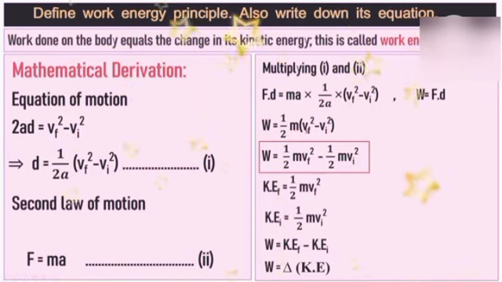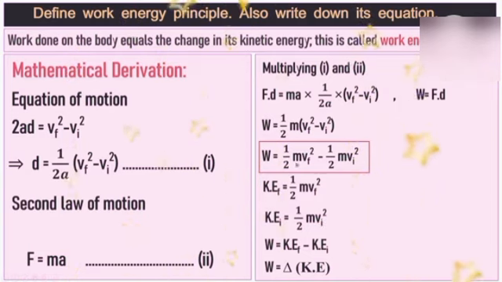Now we multiply m inside the bracket, so we get W is equal to 1 over 2 m Vf square minus 1 over 2 m Vi square. Kinetic energy final is equal to 1 over 2 m Vf square, whereas kinetic energy initial is equal to 1 over 2 m Vi square.